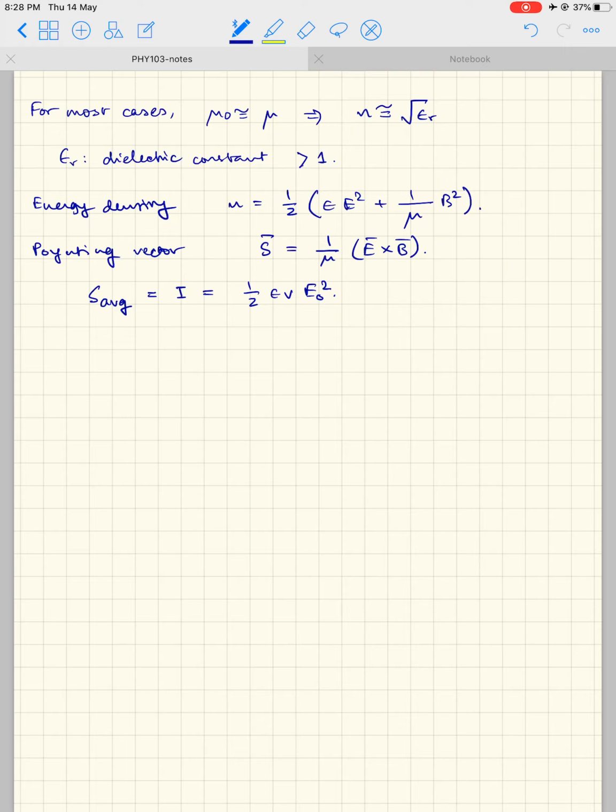So what is going to be an interesting question is what happens when a wave essentially passes from one transparent media into another, say from water to air, or air to water, or glass to plastic.